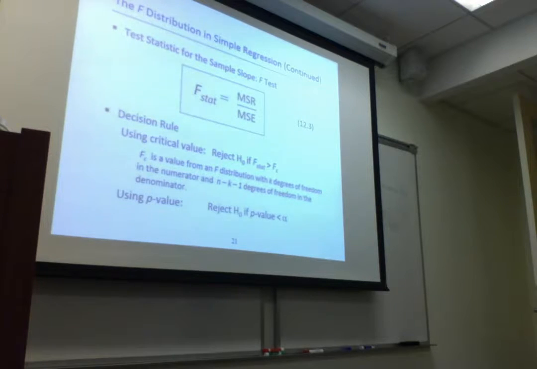Let's keep our thumb there on page 444 and flip to the back of the book to our F distribution. The first one is on page 571. That's the 5% probability, but we want the 1% probability. So let's turn to page 572.